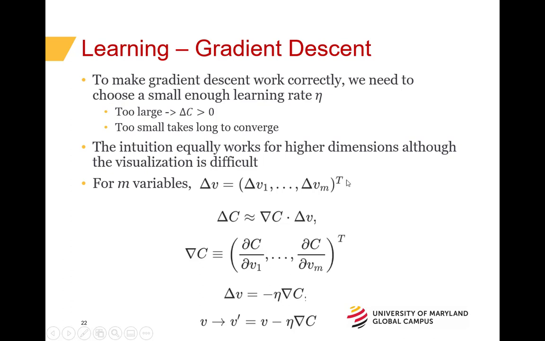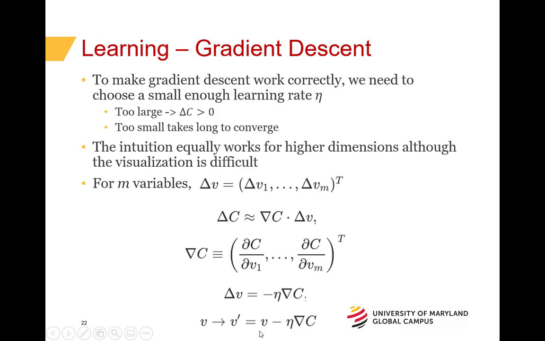Again, the transpose is to indicate that it is a column vector. So it is the same thing that we applied earlier. The change in the vector is a product of some small learning parameter called eta here, multiplied by the gradient. This is the update rule to move from one location to another in one step, v to v prime.